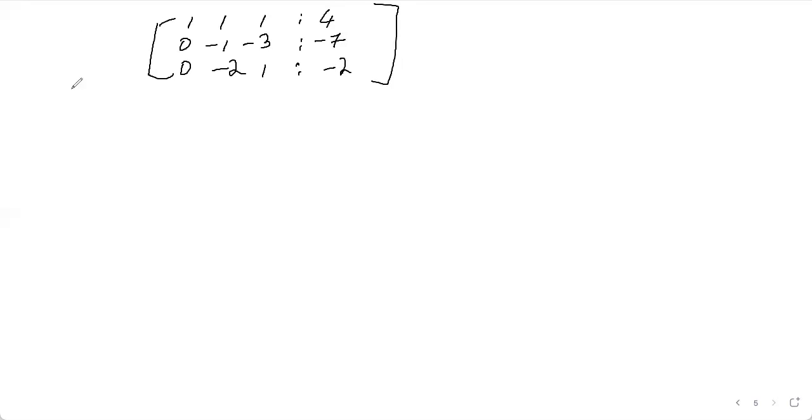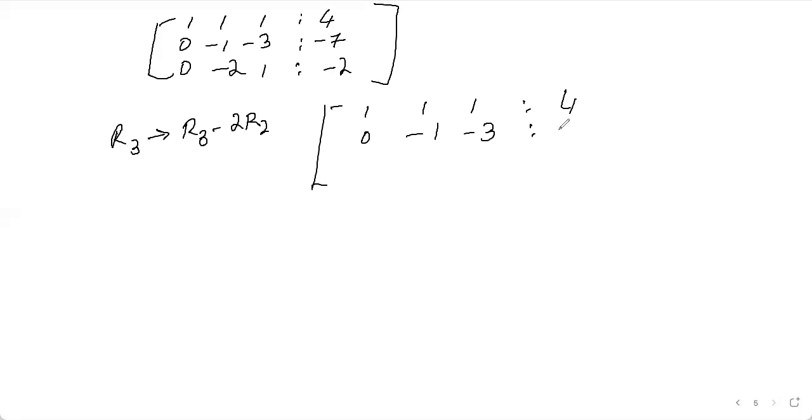So we have done as required for row 2 and row 3. And let us further do the operation on row 3 again, right? So let us not touch row 2. Okay, so this would be the same, 0 minus 1, minus 3, minus 7, and this will be 0 0 7, and 12, right?